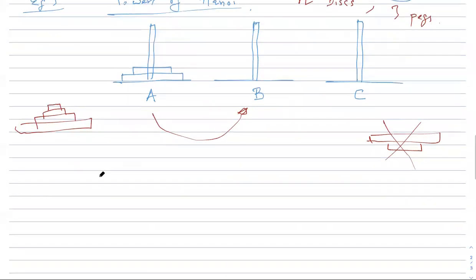Now you can see that as soon as the number becomes even n equal to 3, even just that seems quite overwhelming, right? And what to speak of if the number is n equal to 10? How do you keep track of this condition while you're moving things around?